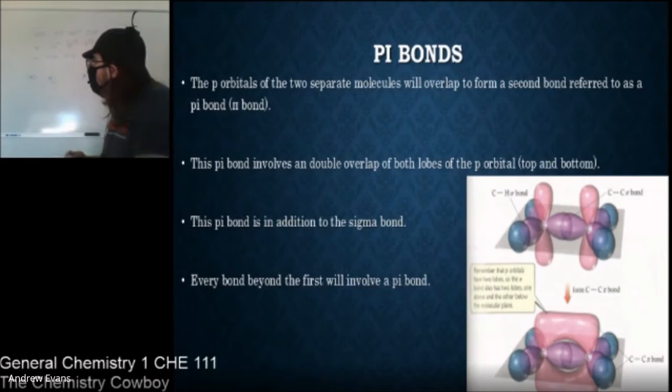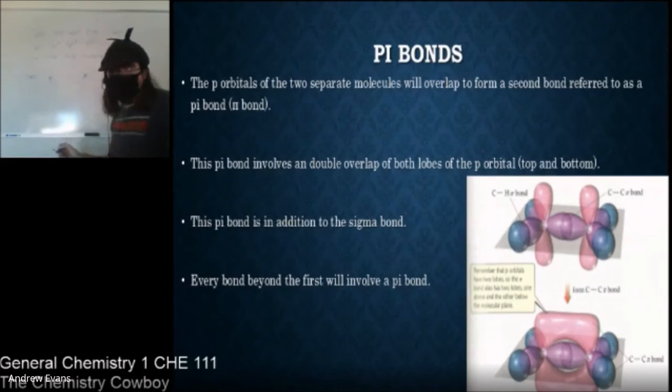Well, these p orbitals can then overlap over the top and overlap over the bottom. They fold in like palm trees to make a bridge over top of the sigma bond. So they are essentially nestling this up.